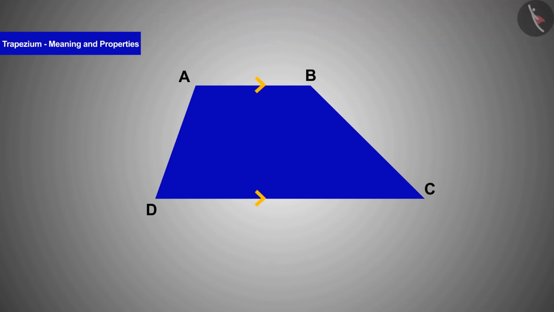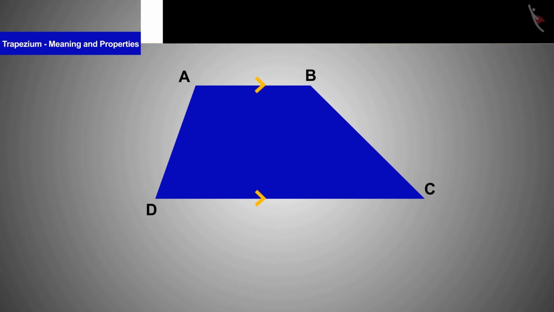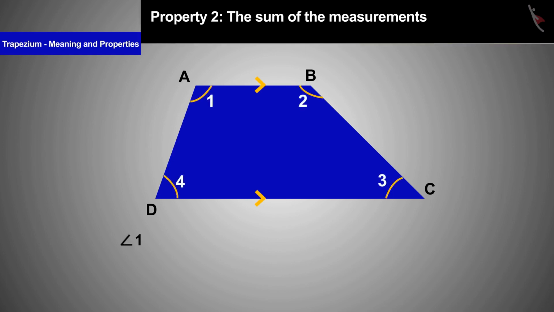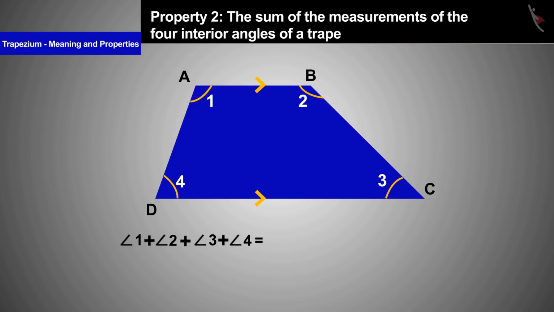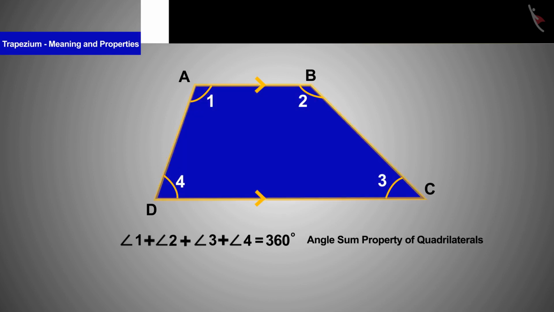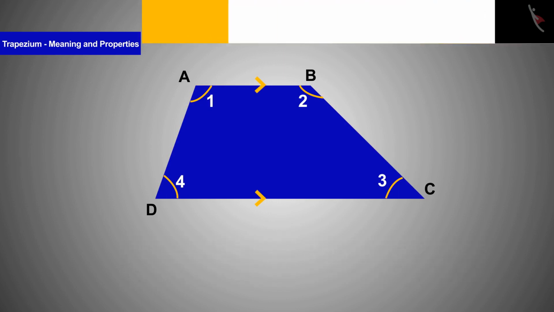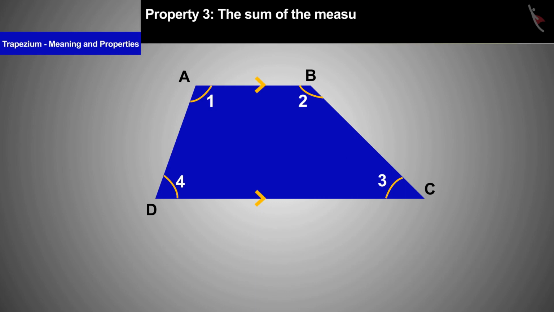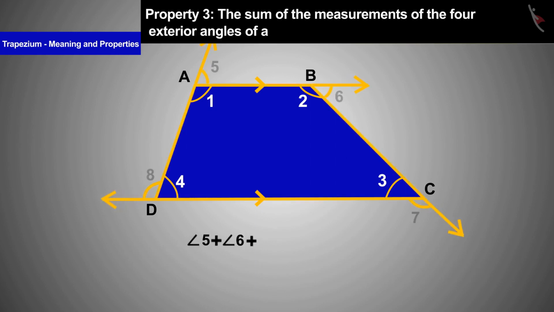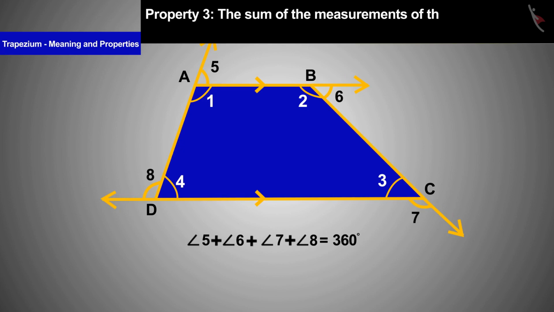We know from the previous video that the sum of the measurements of the four interior angles of a quadrilateral is 360 degrees, and since the trapezium is also a quadrilateral, the sum of the four interior angles of a trapezium will also be 360 degrees. Similarly, the sum of the measurements of the four exterior angles of the trapezium will always be 360 degrees.